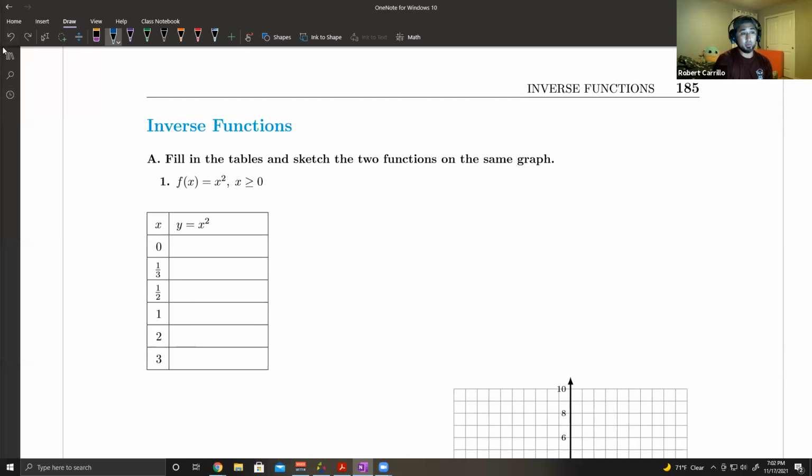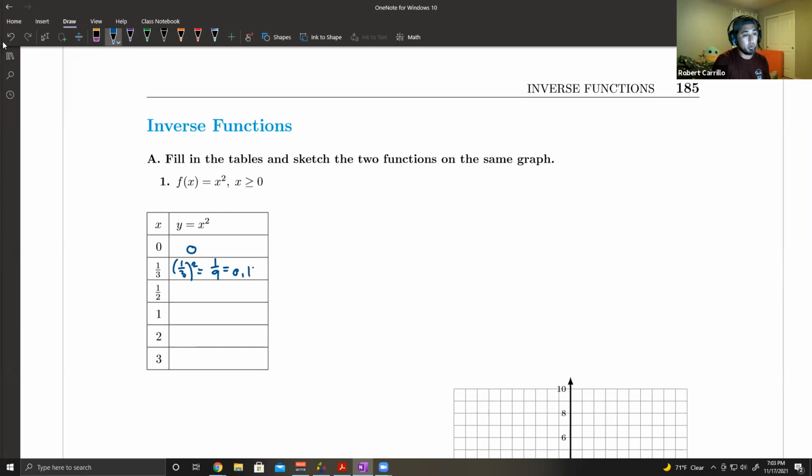Okay, so we're plugging 0 in for x squared. We're plugging all the values in to x squared. So 0 squared is still 0. 1/3 squared gives me 1/9. And in decimal form, 1/9 is 0.11 repeating.